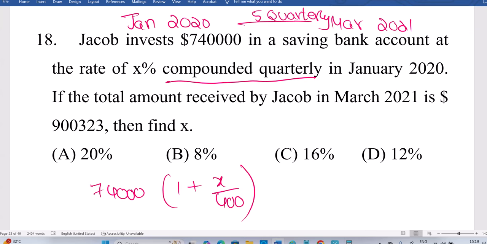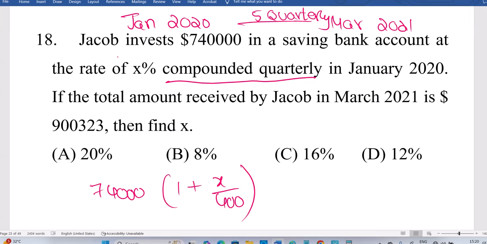Yearly rate of interest is 20%, quarterly 5%. The rate of interest is always per annum only. If not, they have to mention the rate of interest is X% for 3 months. It's not given there. They said the rate of interest is X%, that is for the year only. For the year X, for quarterly X by 4, because the percentage is divided by 400.